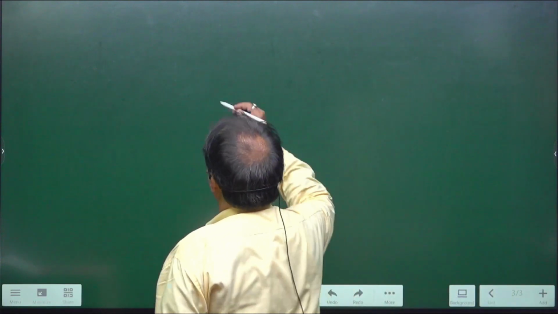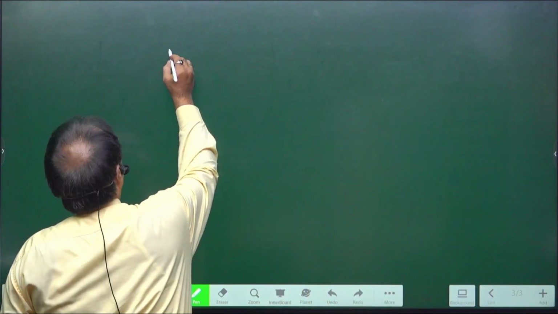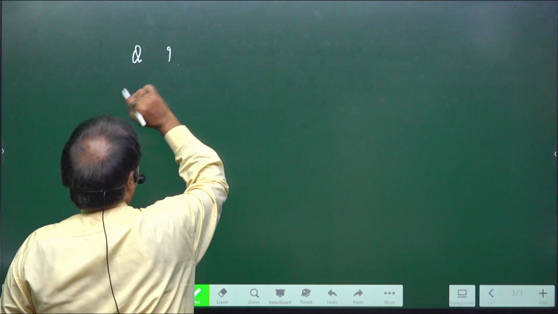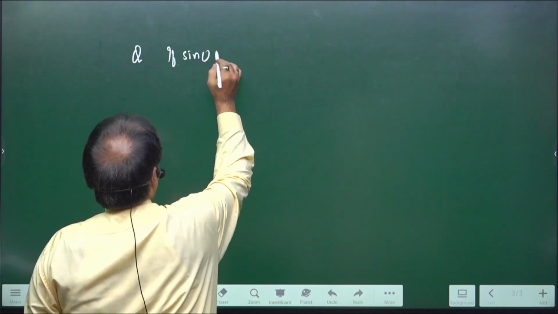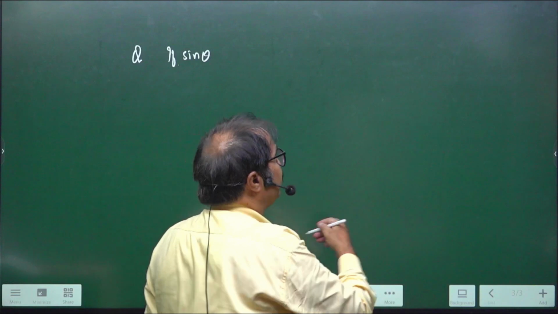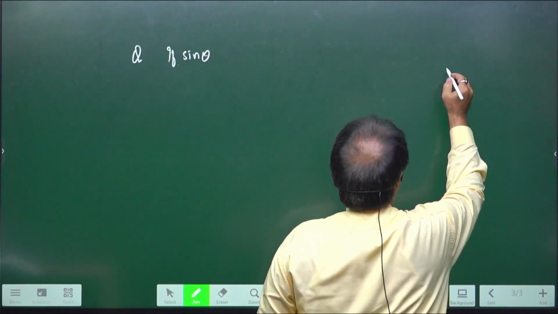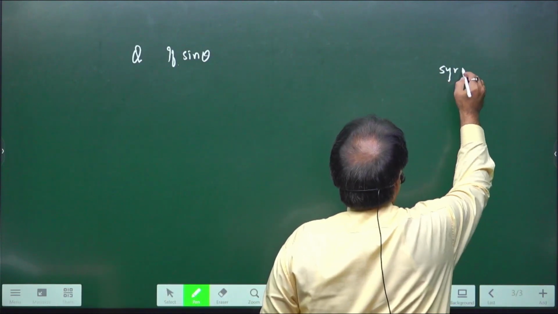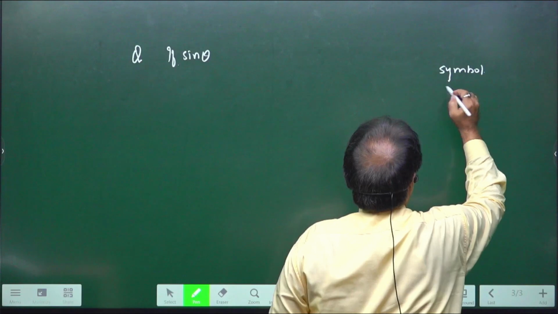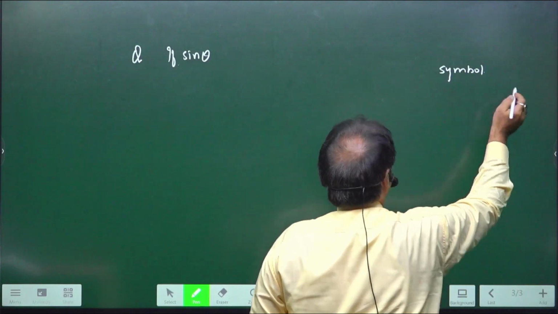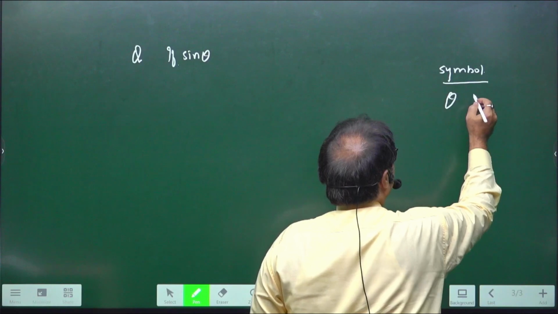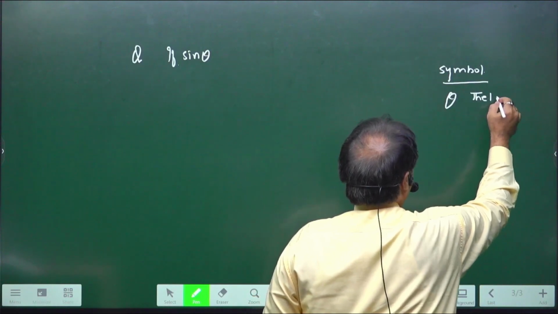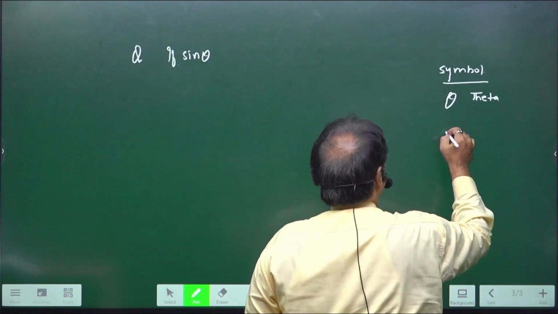Suppose the question is, for example, sine theta. What is this theta? This theta is a symbol. Here we will use symbols for indicating angles. So this symbol is theta. This is beta.